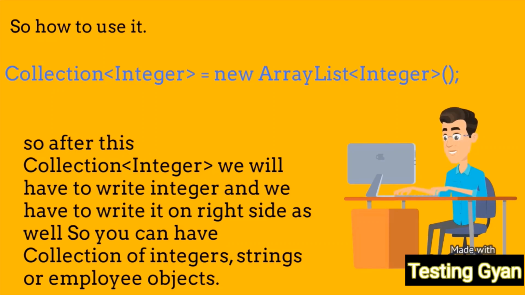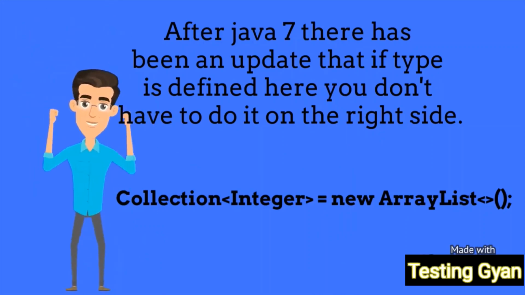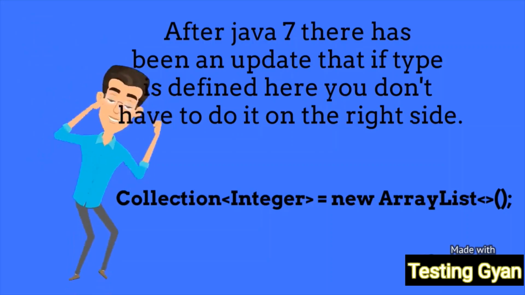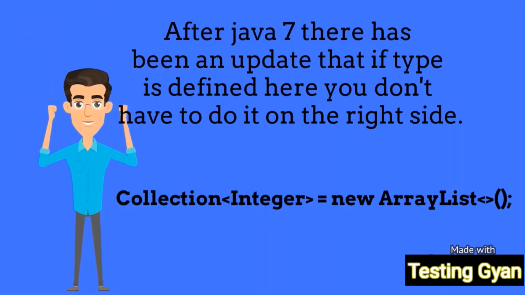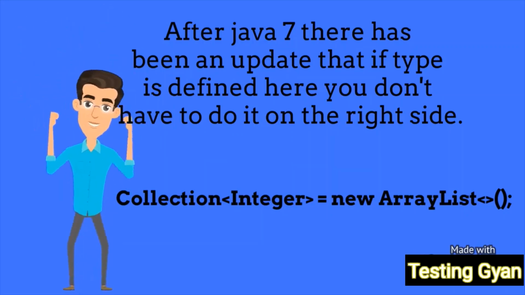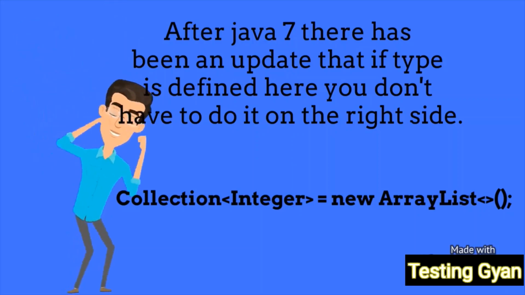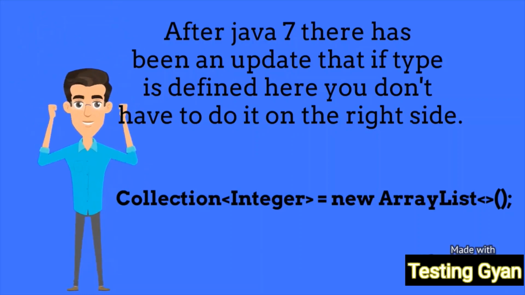So you can have a collection of integers, strings, or any employee object or a student object, custom created objects basically. There is one more concept which I would like to tell you. After Java 7 there has been an update that if this type is defined on the left side, then it does not make sense to write it on the right side as well, right?